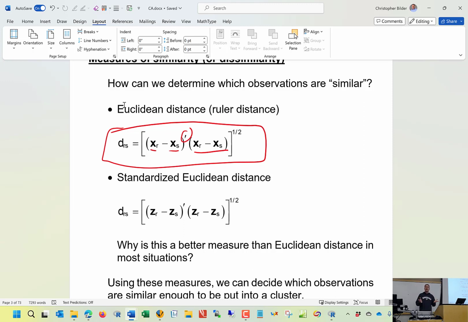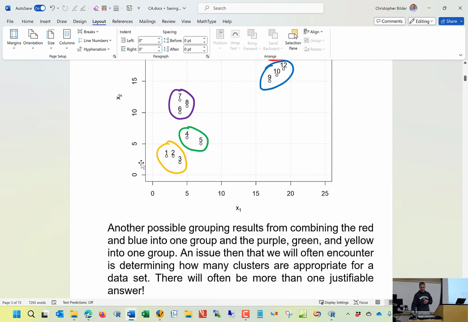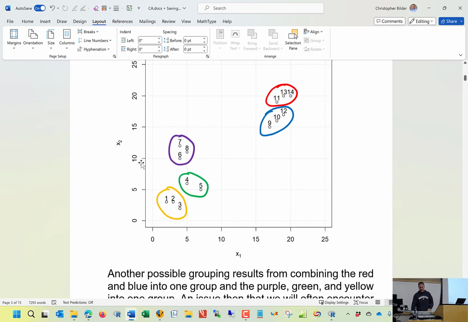Then I take the square root of it. That's the distance between these two observations. People often refer to this as a ruler distance. If I went to one of these plots and measured it, in the same scale as the x and y axes, that's essentially what I'm doing, taking a ruler to it.